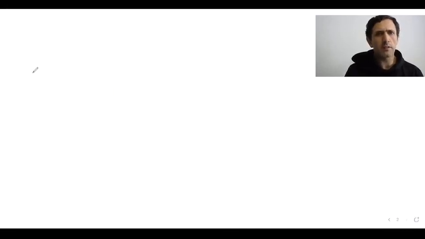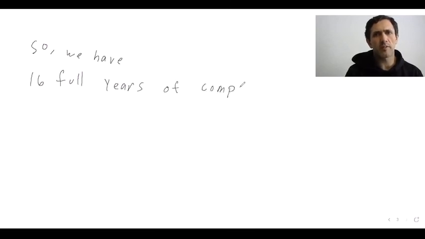So what does this tell us? This tells us that we have 16 full years of compound interest at an interest rate of 7%.